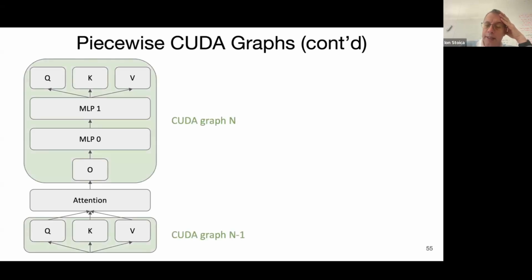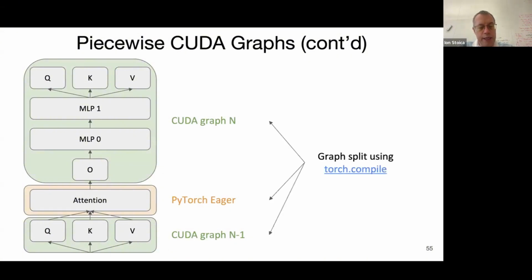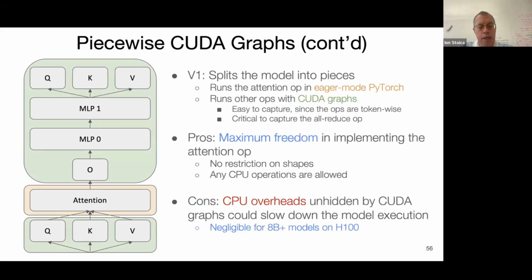So you are going to split into multiple CUDA graphs. And for some of these layers, like attention, you can use PyTorch eager, so you can use the CPU. You may ask, why would you use that? I'll give you an example. If you want to do sparse attention, the CPU can do it much more easily than the GPU.